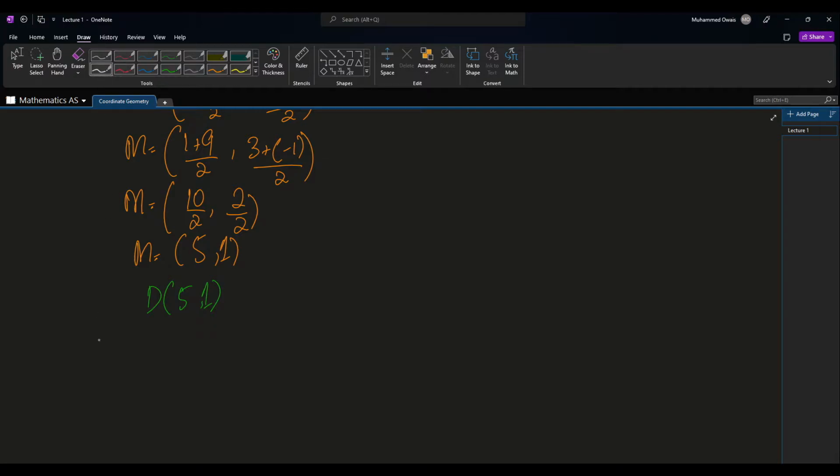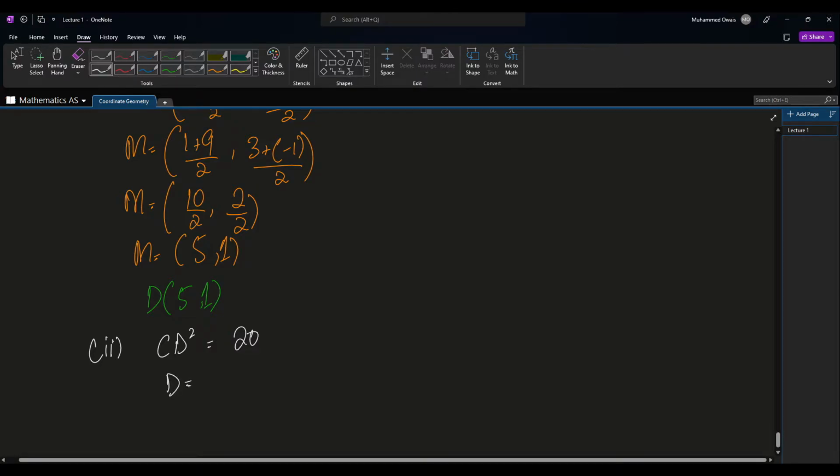Now then, let us do this here. So we know that CD squared is equal to 20. How about I first write the distance formula? Alright, I can write the distance formula as D equals the square root of x2 minus x1 squared plus y2 minus y1 squared.